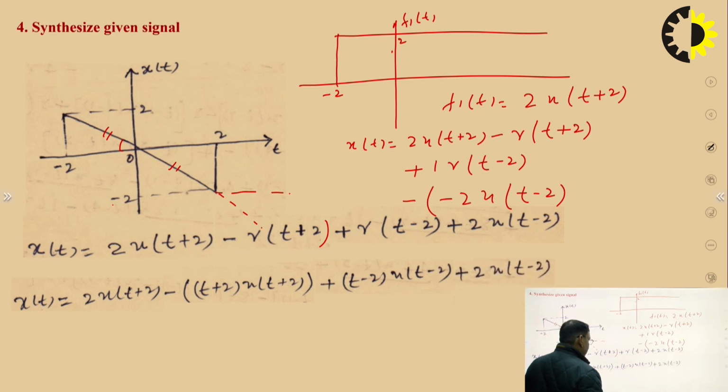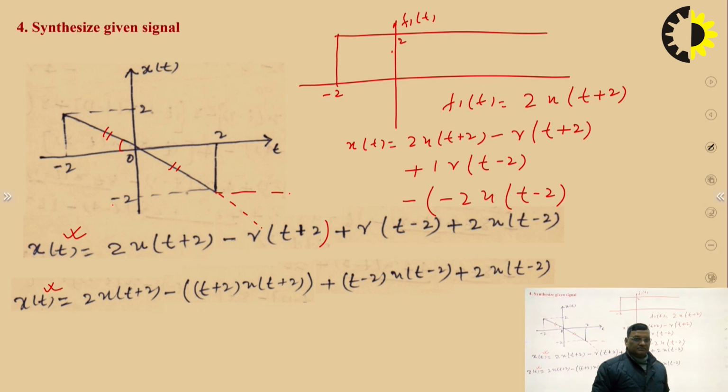So this equation is in terms of unit step and ramp, whereas the lower one is in terms of unit step. So we can use the relationship between the ramp and unit step to get these equations.